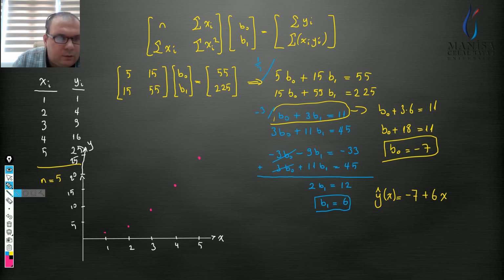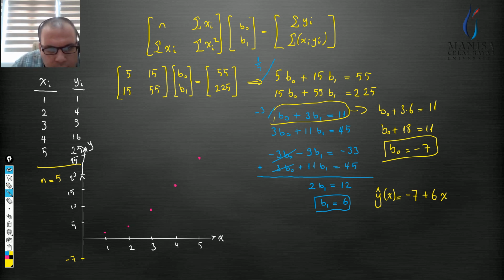Okay, and we will have our regression line with an intercept of minus 7 and a positive slope of 6. So we have our intercept somewhere like this, minus 7, and we will have a line.